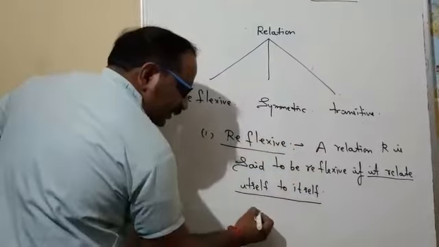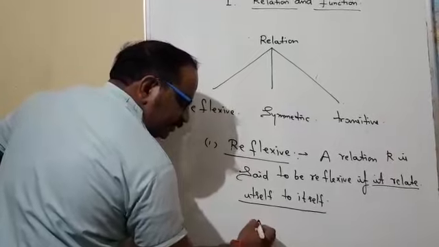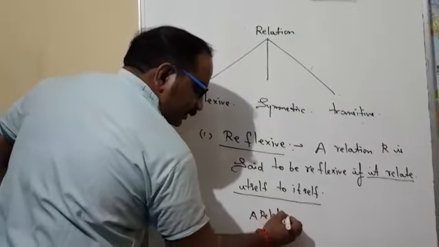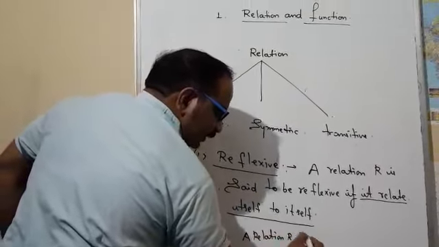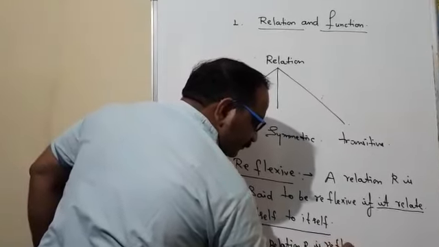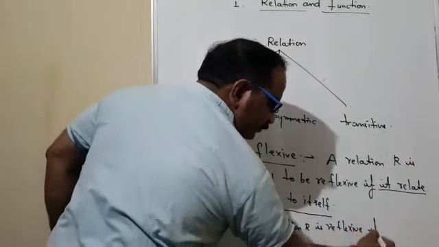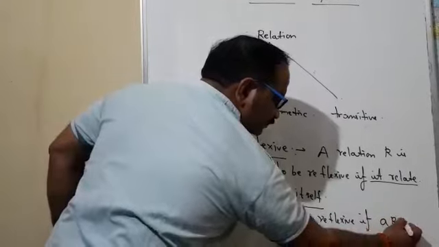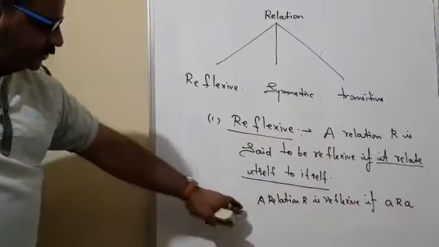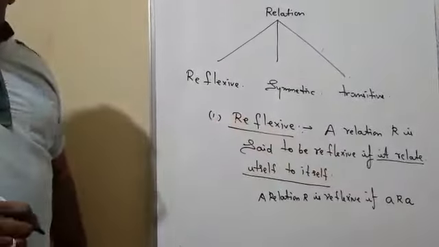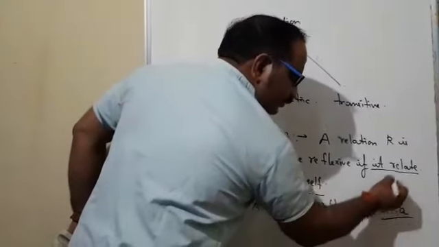In definition, I can say a relation R is reflexive if A relates A. Any relation R is reflexive if A relates A. I am saying the same thing that I told you.